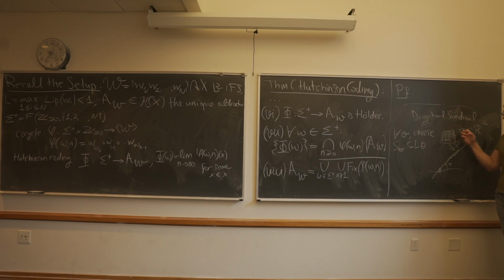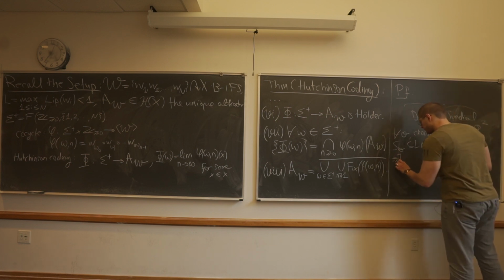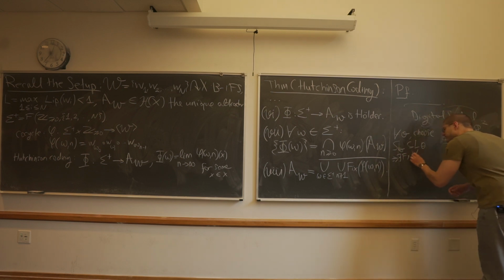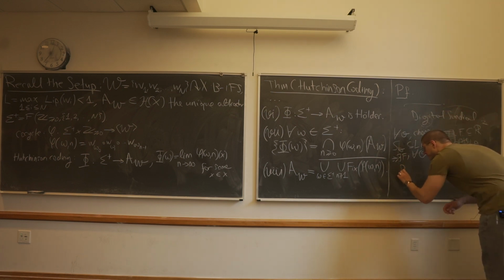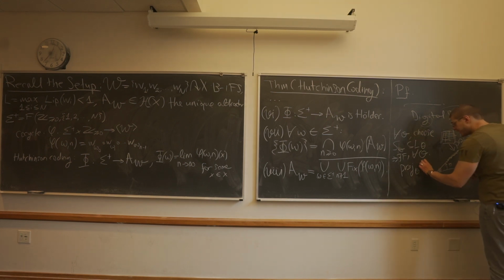Then there's a fractal set such that for any theta, the orthogonal projection of the set that you constructed to the corresponding line with the corresponding angle is the set that you chose.